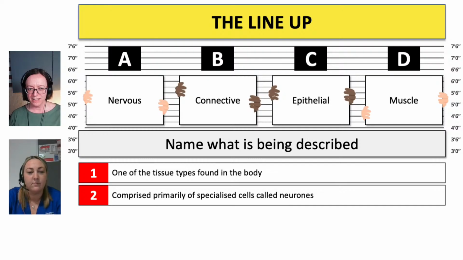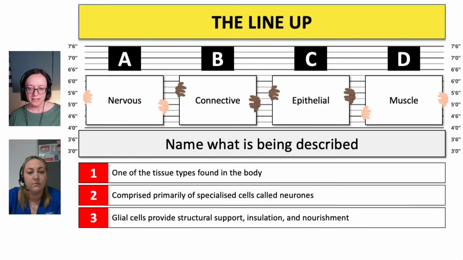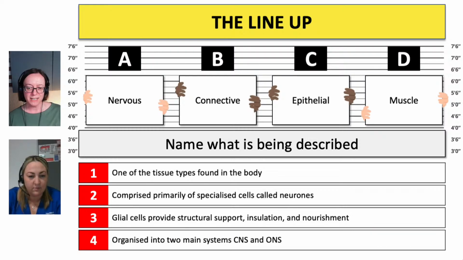Have a think about it. Next clue. Glial cells provide structural support, insulation and nourishment. And then the final clue. Organised into 2 main systems, CNS and PNS, the central nervous system and peripheral nervous system.